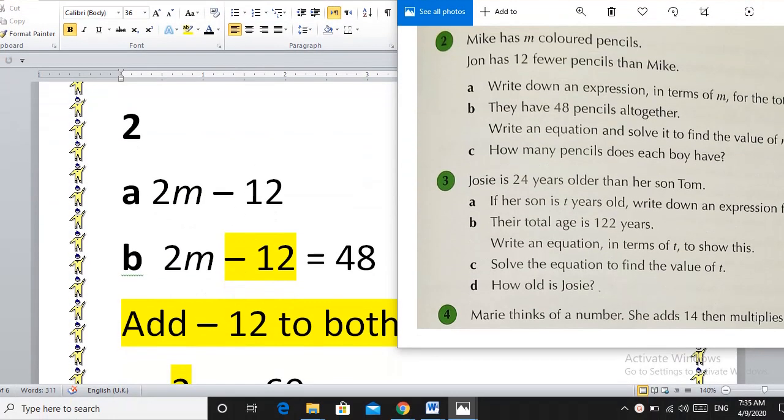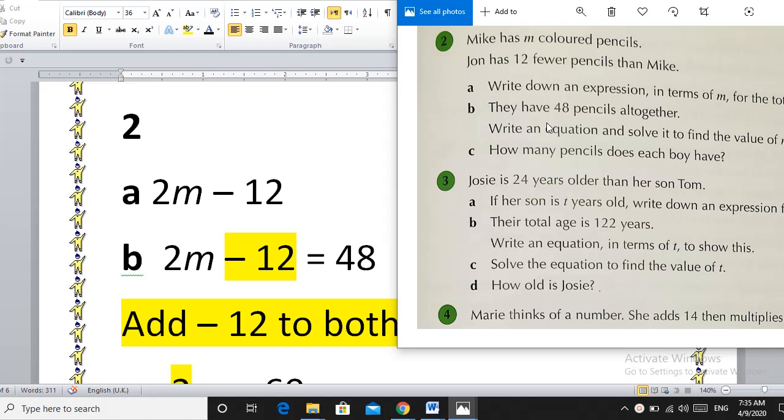So as seen here, guys, from the example, the answer could be as follows. John has 12 fewer pencils than Mike. Mike's pencils can be given the variable of M. So we must have two M's at the end, right? So A is 2M minus 12.